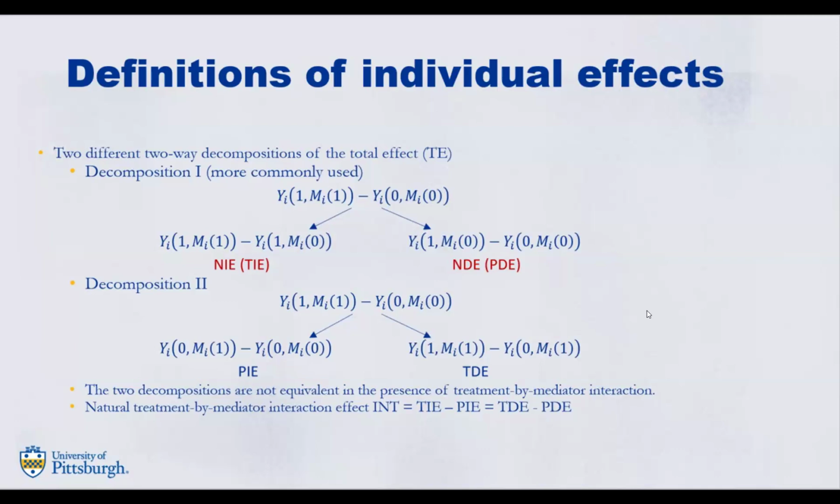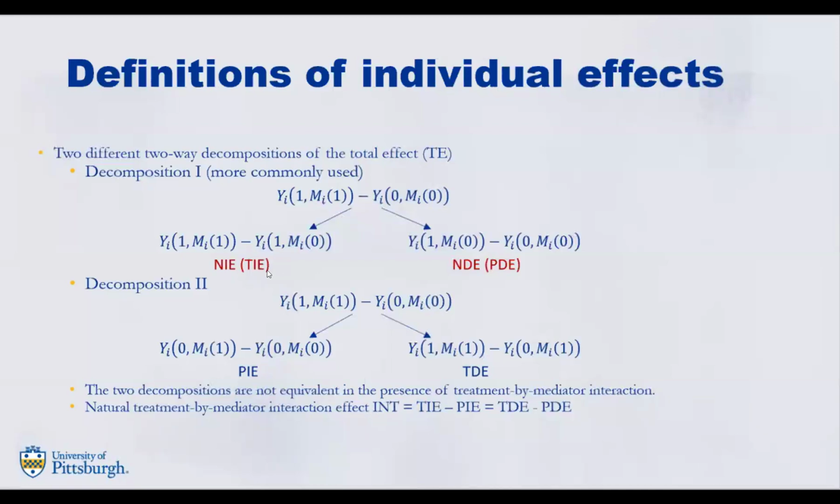Then you may have the question: which decomposition should I use in a causal mediation analysis? Here, if you look at this part, you will see that TIE is equal to PIE plus the interaction effect.